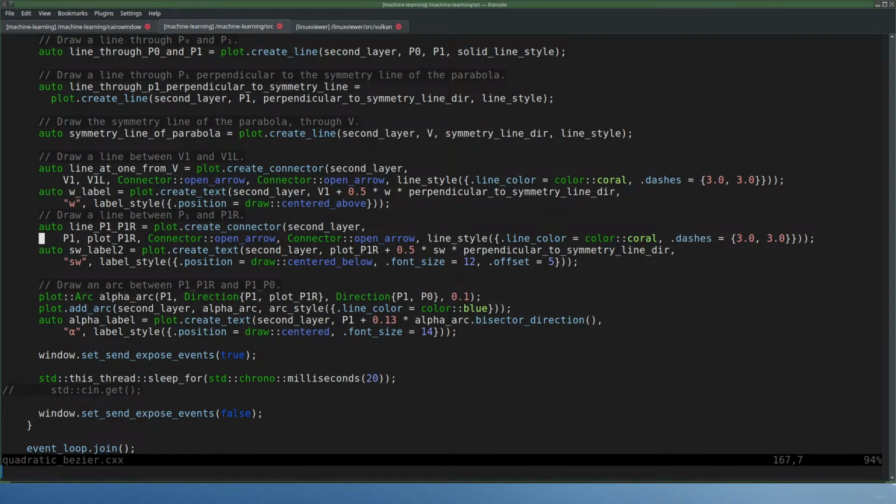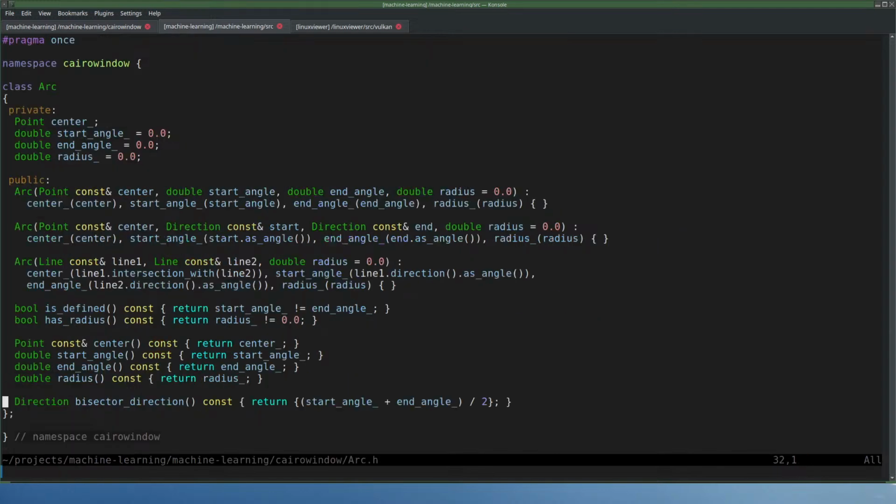This one. Oh, it is in the other directory, but under the bisector direction. That is so wrong. It's start angle plus something, and that's it.